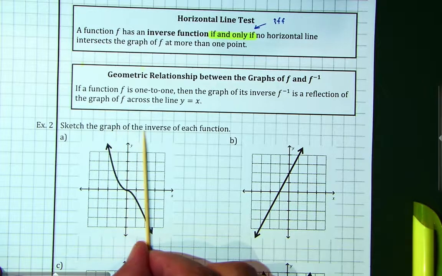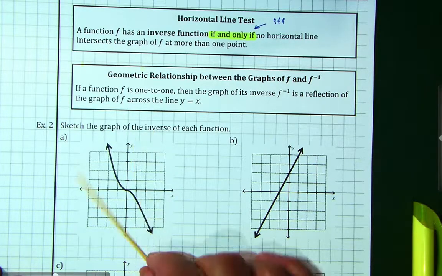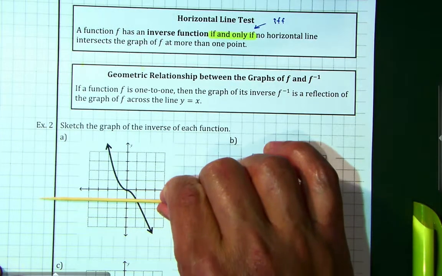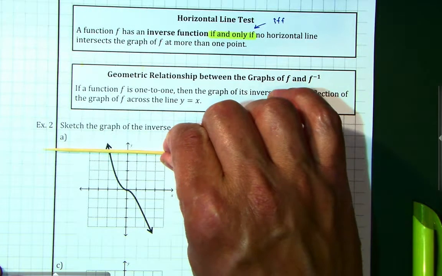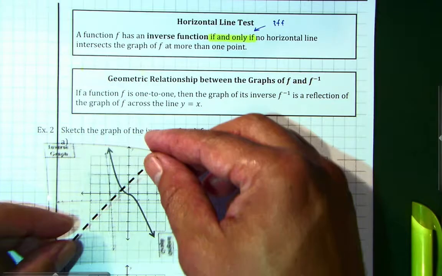It is, by the vertical line test that you did in Algebra 1. Now the question is, is the inverse a function? The horizontal line test tells me that it is. So therefore, it does have an inverse, so we should be able to find it.